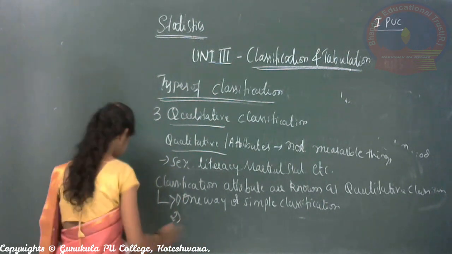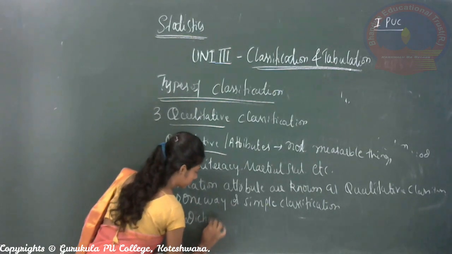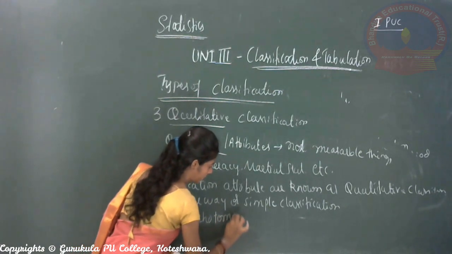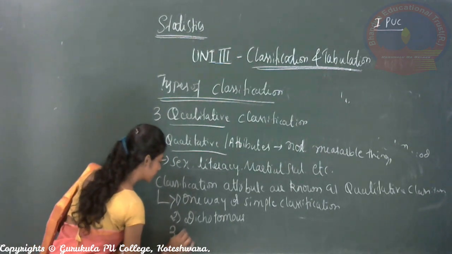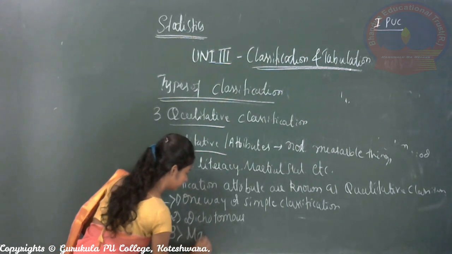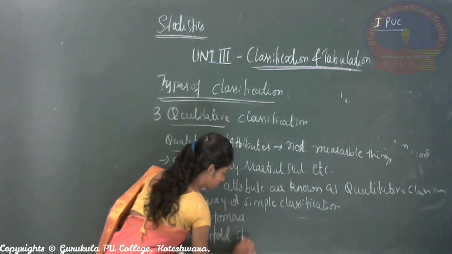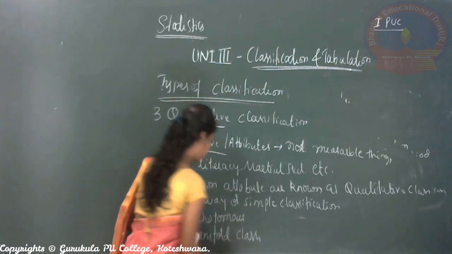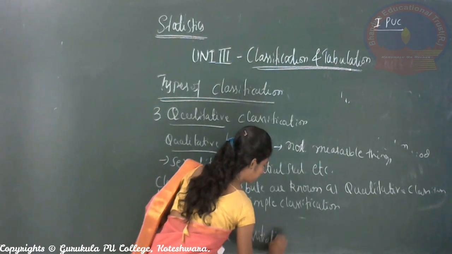Second one is dichotomous or two-way classification, and third one is manifold classification. Another name for manifold classification is contingency table.